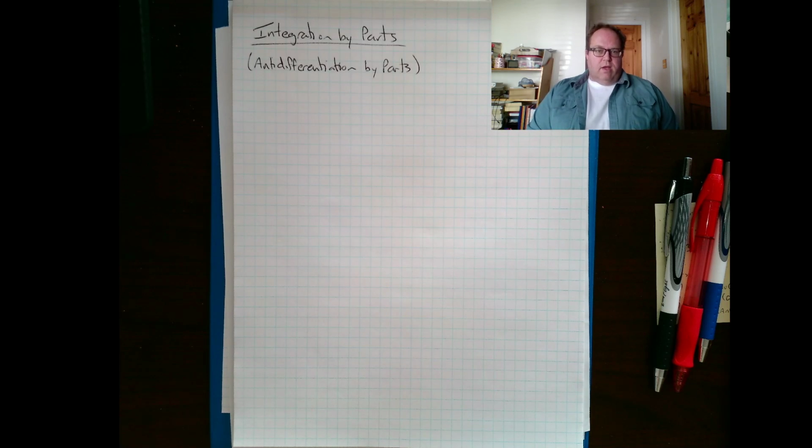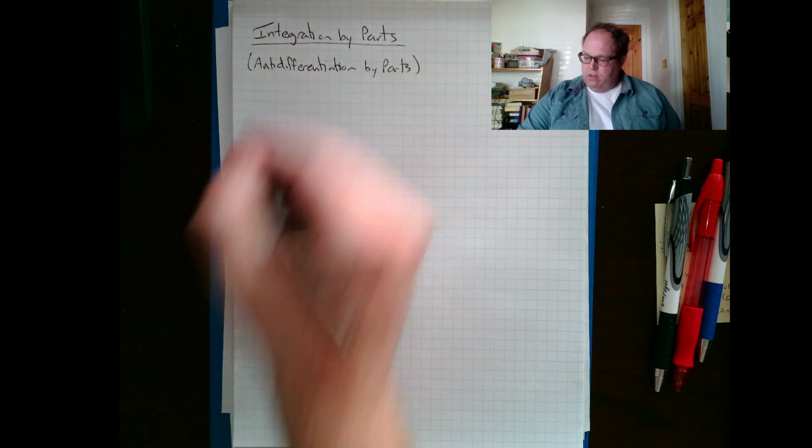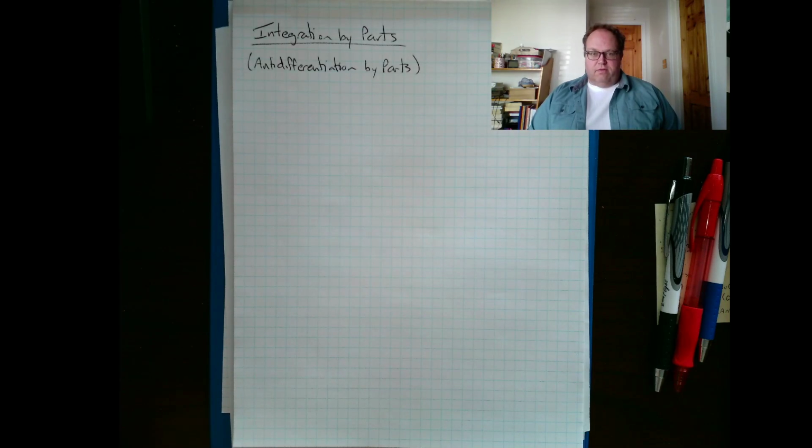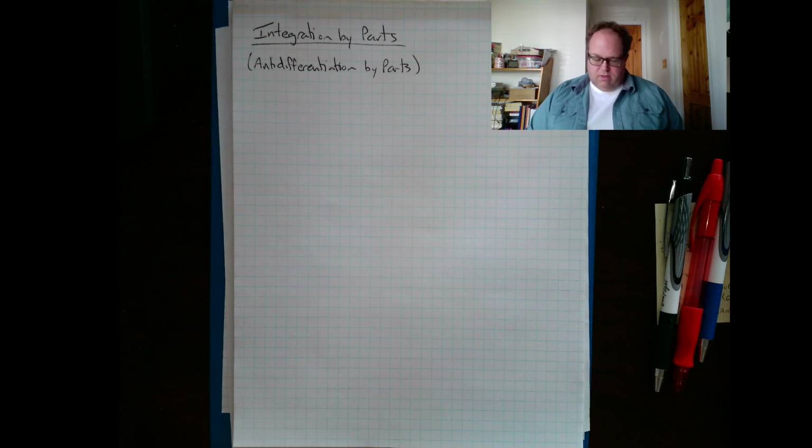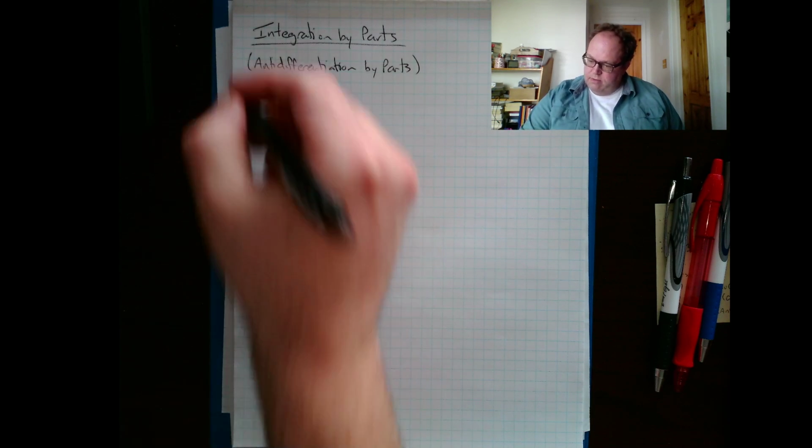Same deal. Last time, we talked a little bit about another technique of integration by substitution. And so this is just another technique to deal with integrals that you might not be able to find antiderivatives for in a nice, easy, straightforward way. And I'm going to introduce the integration by parts formula.